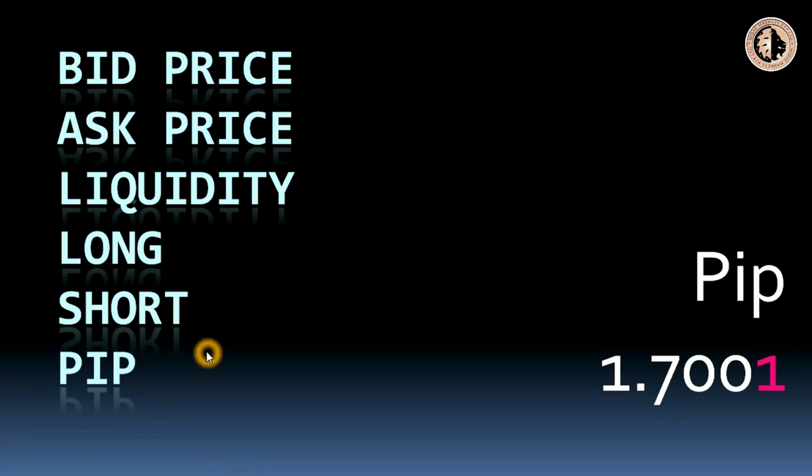Then we look at the pip. The pip is the smallest unit that a price can change. In some ways, you can say that it is the fifth significant digit in a quote. If you've got 1.7001, the pip is the last one or the last unit there. So it's the fifth significant digit in this particular quote.